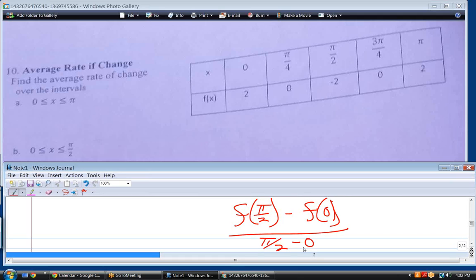That's what it's always going to be for these kind of problems. So what's the numerator? -4. Good. Over pi over 2.